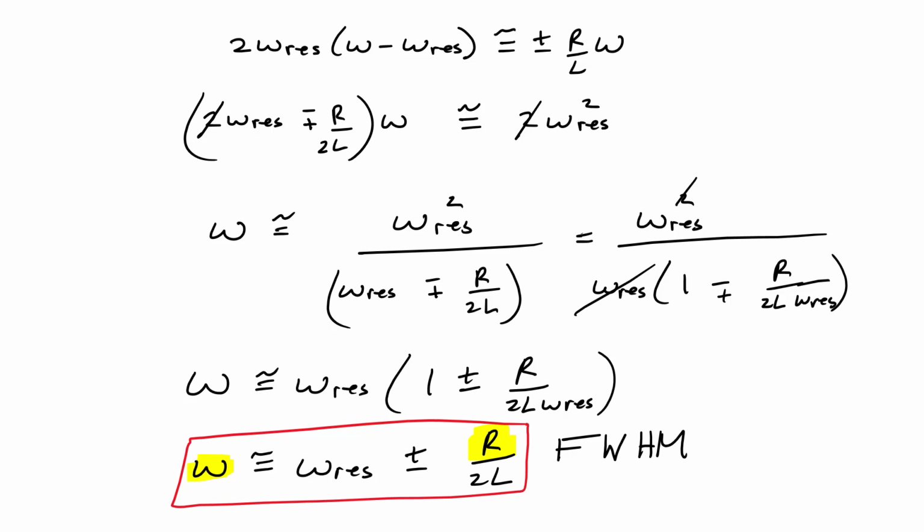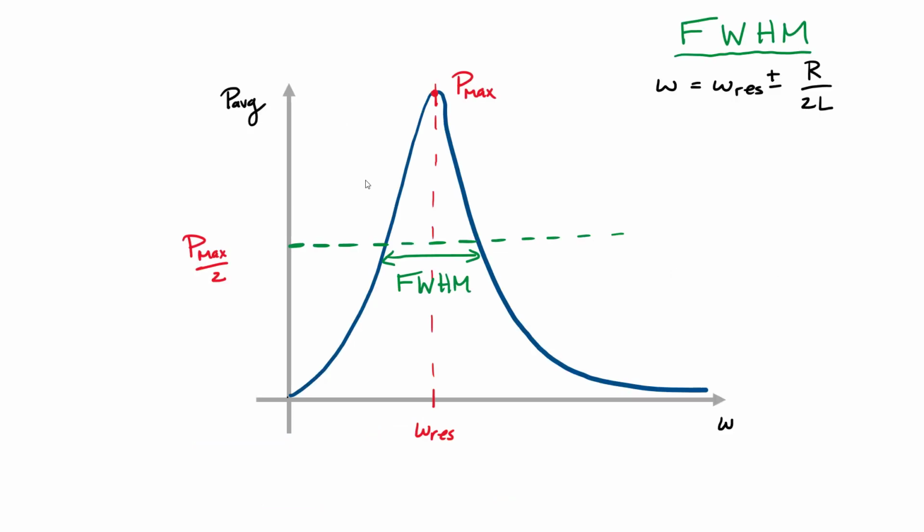It also depends on the inductance right here. All right, so this is what it looks like. We have our average power curve for some parameter values. We have a peak that happens at this omega frequency, which is the resonant frequency of the circuit. What we've looked at now is for which values of omega the power is equal to half the maximum power.